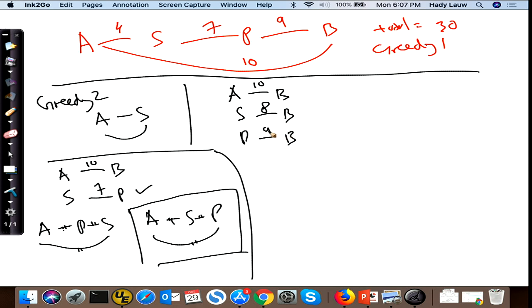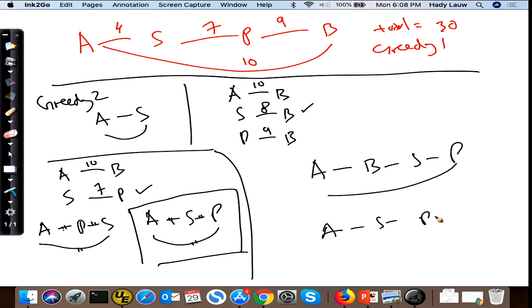So we know that the best expansion is to go from S by adding B. So we will put B next to S. Putting B next to S could mean B before S or after S. So the two options would be A, B, S, P, or A, S, B, P. So we just got to figure out which one is smaller.